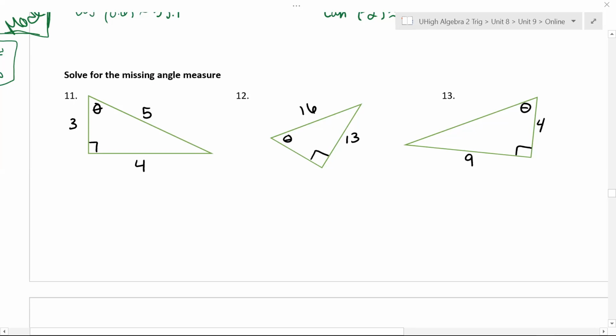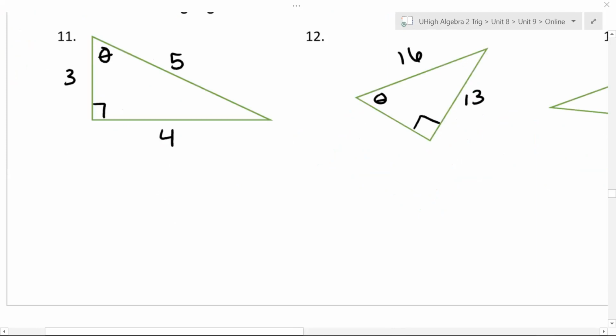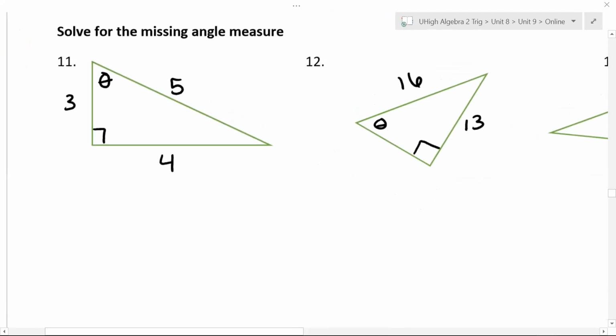Solving a missing angle measure when we're looking at a right triangle. In this case, for number 11, I am given all 3 sides, so really I can do whichever trig function I want. I just have to make sure that I'm doing it off of my theta angle.